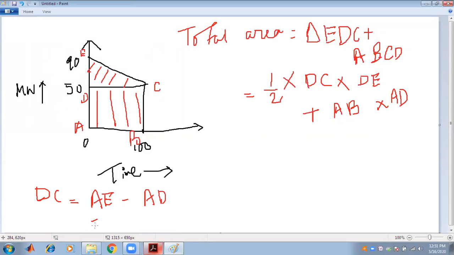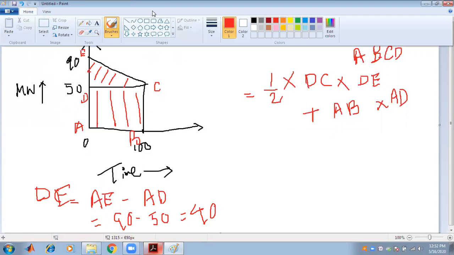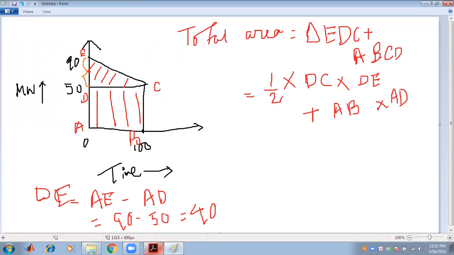Okay, so AE is the 90 value and AD is the 50, so DE is taken as 40. Sorry, I said DC at first, but DE is taken as 40. So DE is this part, the value of that particular part.